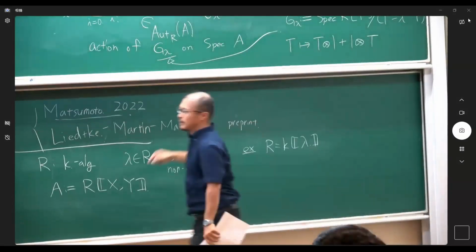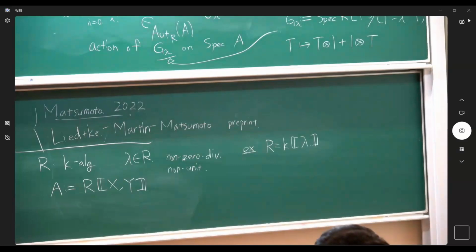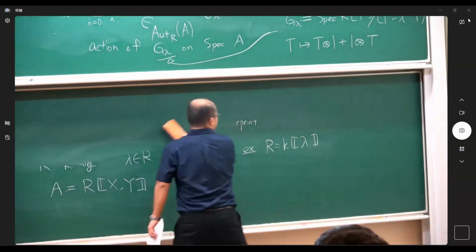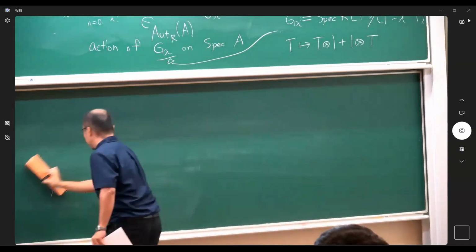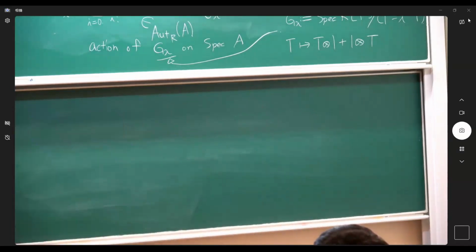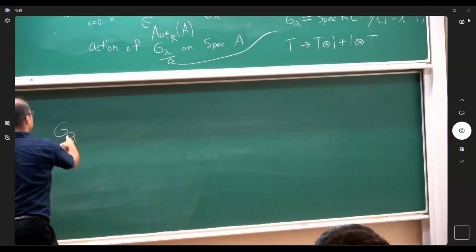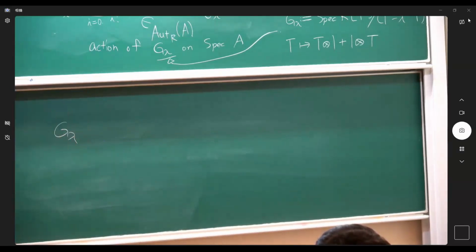It is a finite subgroup scheme of G_a over R. And it is alpha p and Z/p at the same time.